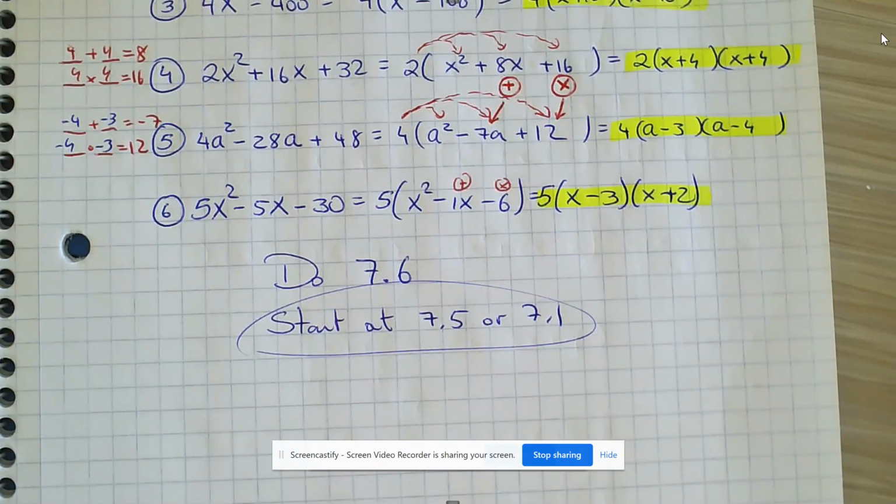All right, number 2. 3x squared plus 3x minus 6, is that it? Right, good.